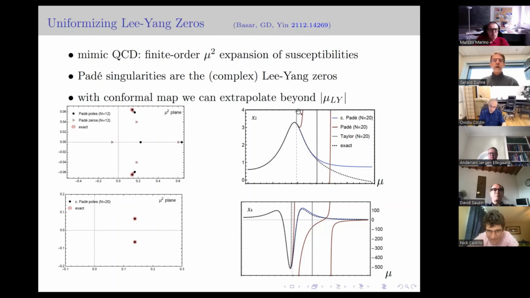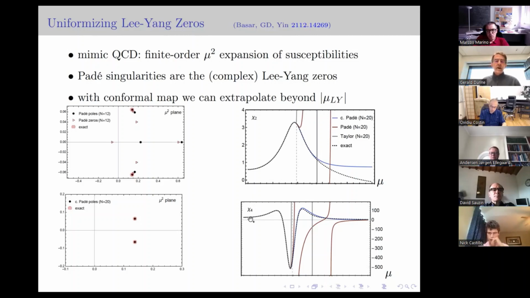So that thing goes haywire when you just go along the real axis, but you're controlled by the location of a complex singularity. So that thing can't be pushed anywhere beyond the magnitude of the Lee-Yang chemical potential. If you use Padé, you can go a little further and you see the turnover of this. But if you apply the conformal map, you can go much further and map out the structure of this bump here. And I stress that we're using exactly the same input data. It's just processed differently. And they're not more difficult. It's just one more simple step.